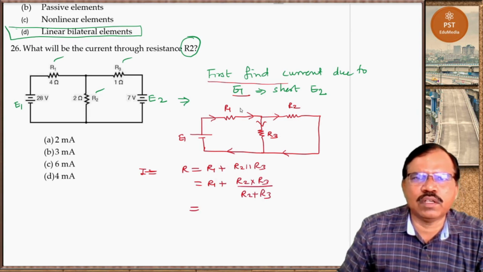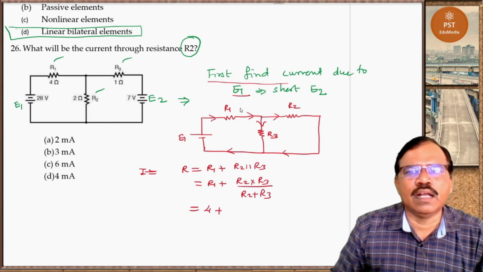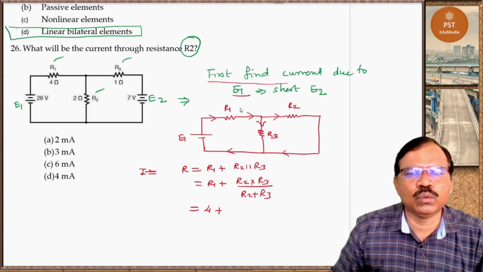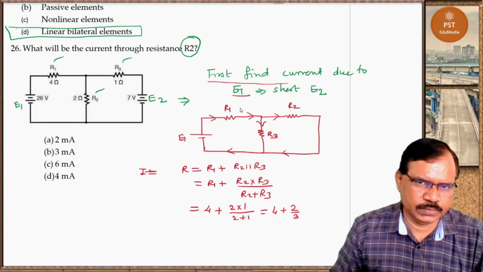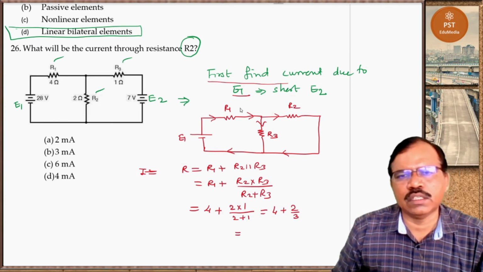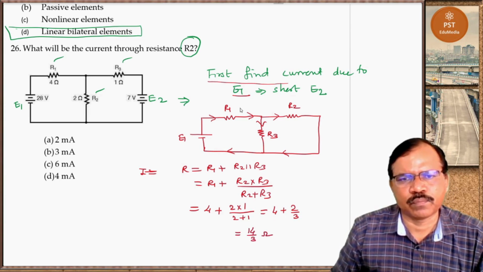R1 is 4 ohm, plus R2 is 2 ohm, R3 is 1 ohm, upon 2 plus 1. So you will get 4 plus 2 by 3, that is 4 into 3, 12, plus 2, so it is 14 by 3 ohm.